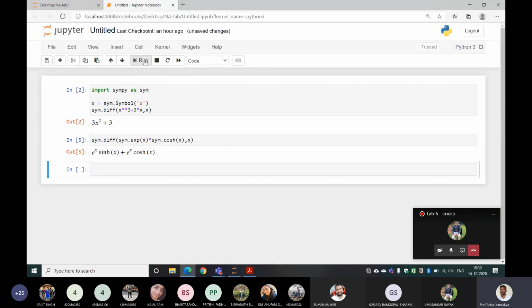This is a symbolic computation, so I use the library SymPy. Any function you can differentiate by using the command diff, definitely with the help of the symbolic library SymPy. Differentiation, I think no one has doubt. You can experiment whatever you want.